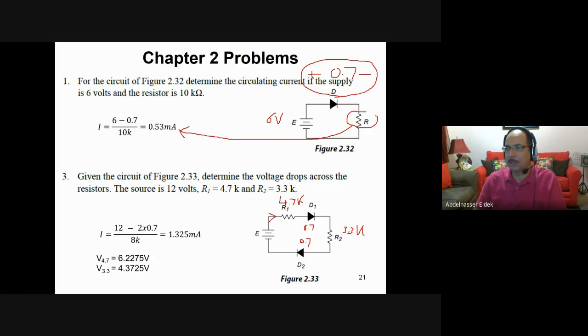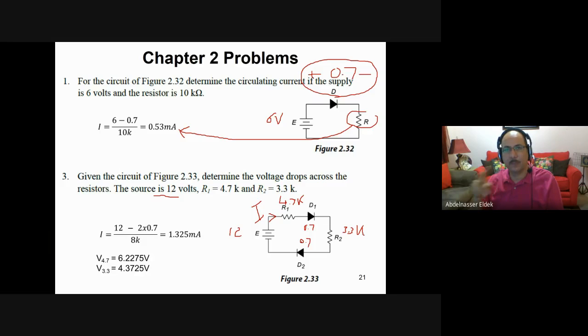Then in this case, the current I equals what? I equals the total voltage, 12 volt, minus 0.7 and 0.7.